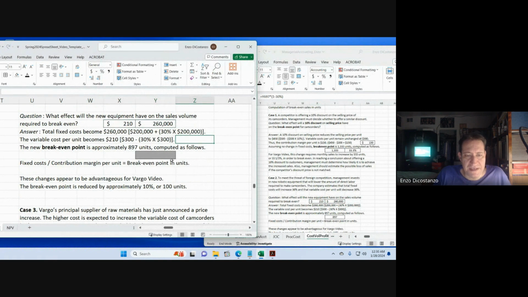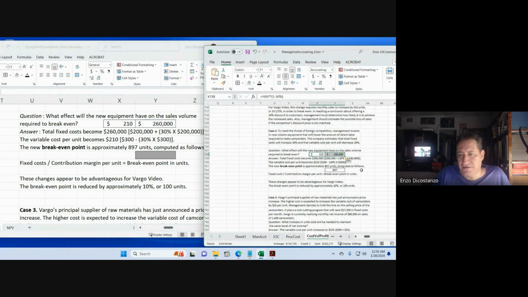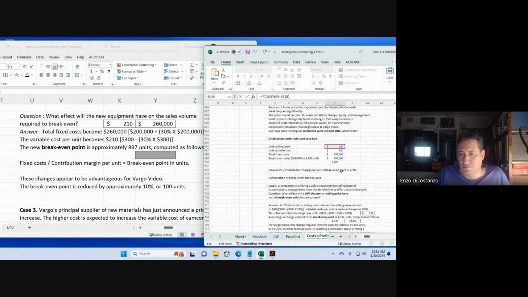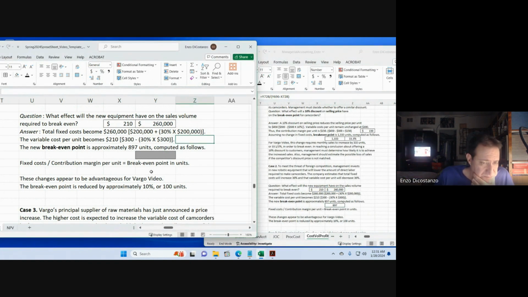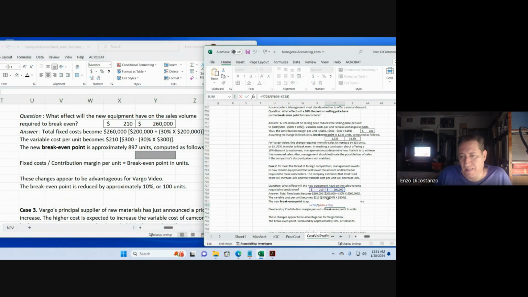So how are we going to get our new break even? These cases are not cumulative, so only the change for this particular case is what we care about.